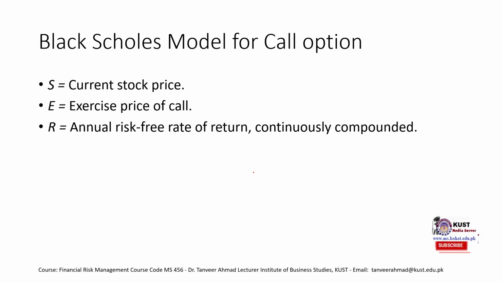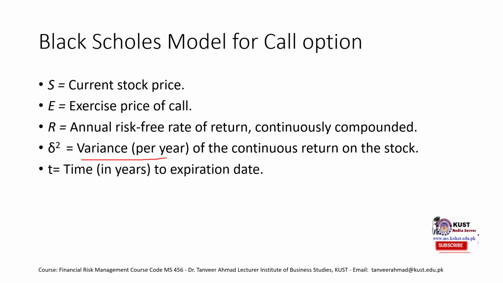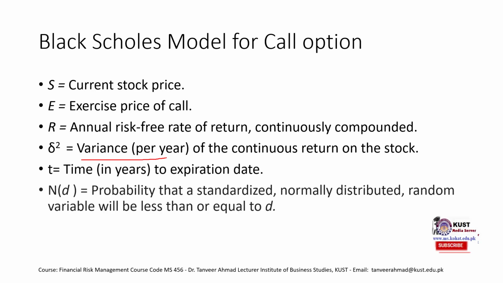But in the examples that we discuss in these videos, we would simplify them, and the continuous rate would already be given. Sigma square is variance, which I have already discussed. Then T is time to expiration, and N(d1) is the probability that a standard normal distribution variable will be less than d1. In simple words, it is the table value.